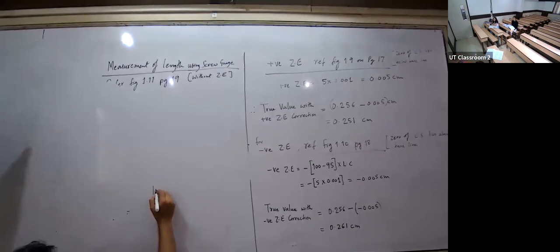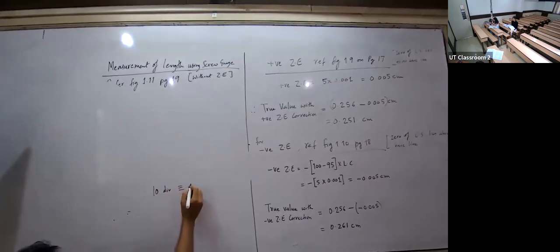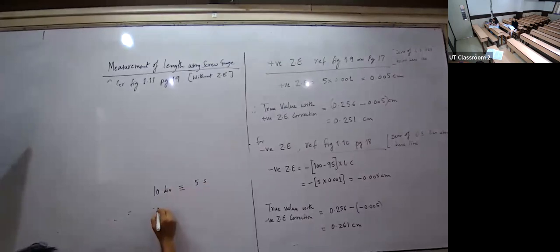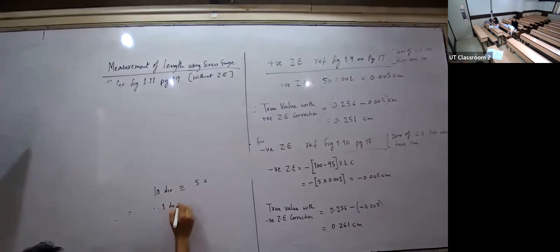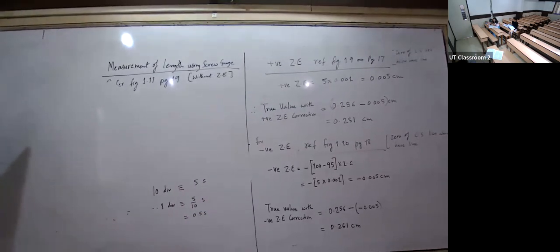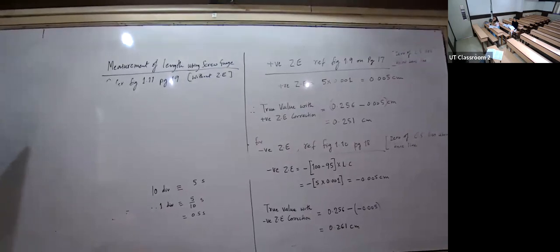See, 10 divisions of the clock correspond to 5 seconds, right? Therefore, one division of the clock corresponds to 5 upon 10. This is equal to how much? 0.5 seconds. Okay. So the smallest division, whatever measurement it can make, that is the least count. Sure. All right.